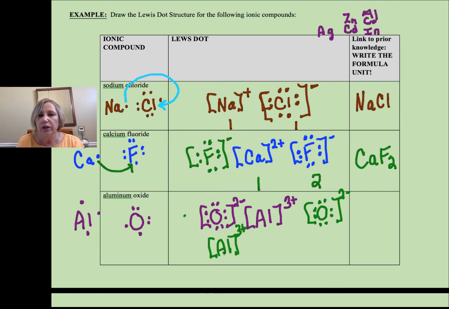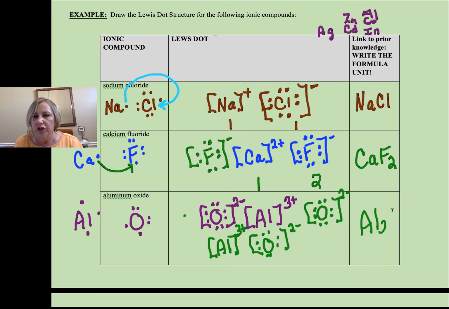So there's my 2 aluminums. I've got 2 oxides, so I need 1 more oxide, and I could certainly sandwich it between. Again, I just don't want to put it right beside another negative charge. I could have put it down here or over here. Again, just alternate your charges.